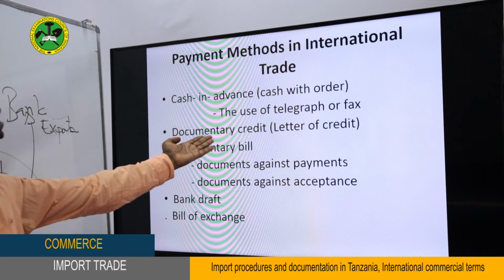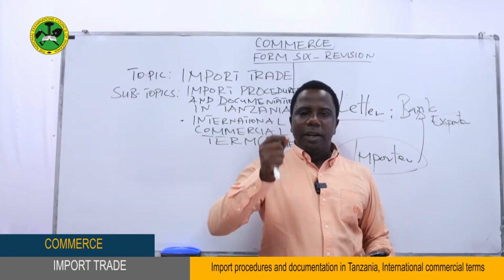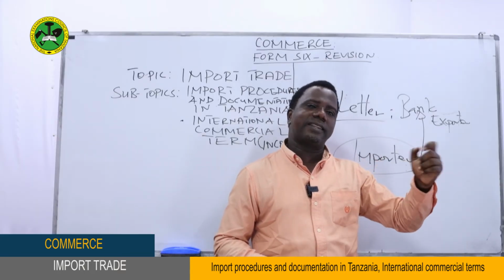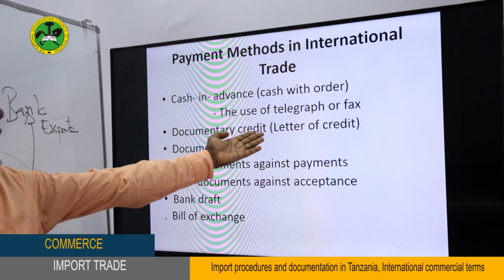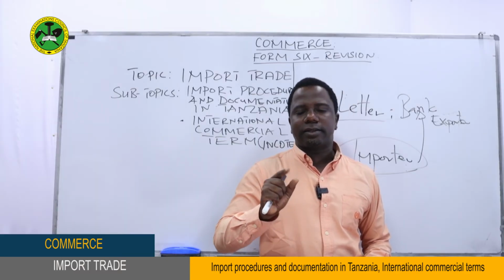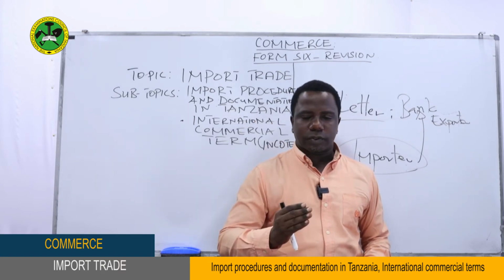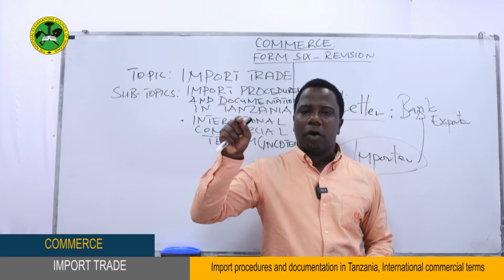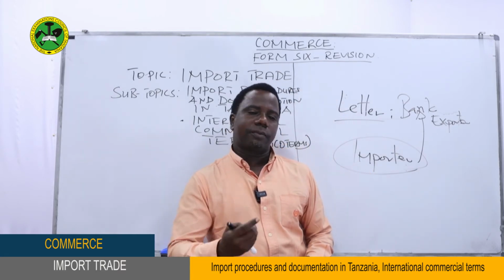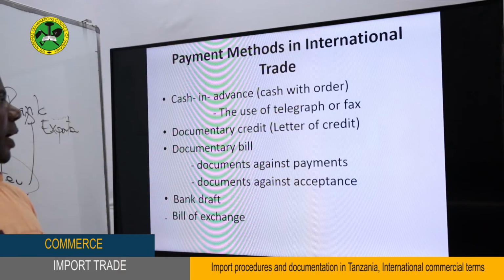For example, when you come to documentary credit or letter of credit, an importer has less risk, but also the exporter has less risk, because under this letter of credit, an exporter is confident that he or she will be paid his or her money, because the bank of an importer has written a letter of credit showing that the bank has committed that the money will be paid.